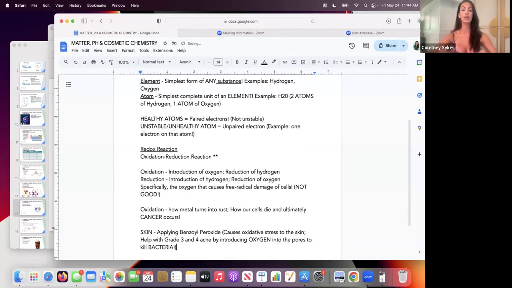So that's how that works. However, it causes oxidative stress, so it's not good to use in long periods of time, long spurts of time. So what would happen if you're applying benzoyl peroxide to the skin is it causes oxidation by introducing oxygen into the pore to kill bacteria, but it's also introducing oxidative stress and free radical damage to cells. Okay, so that's not good.